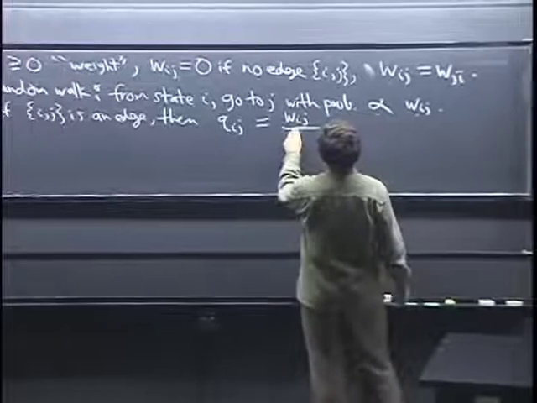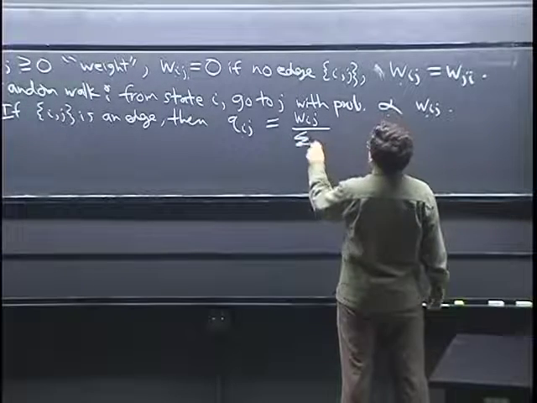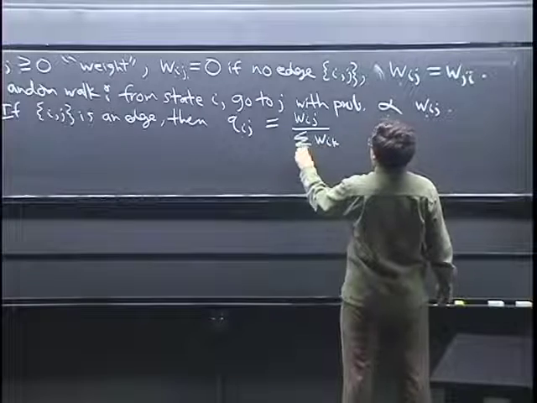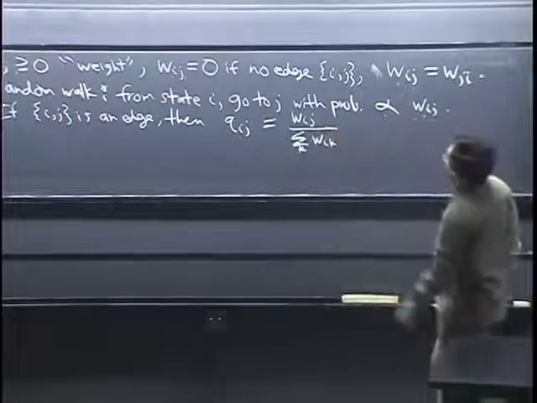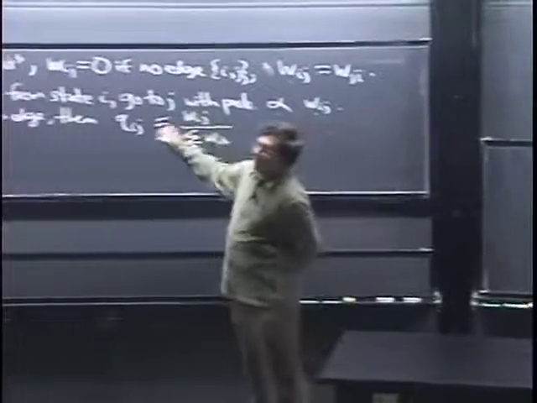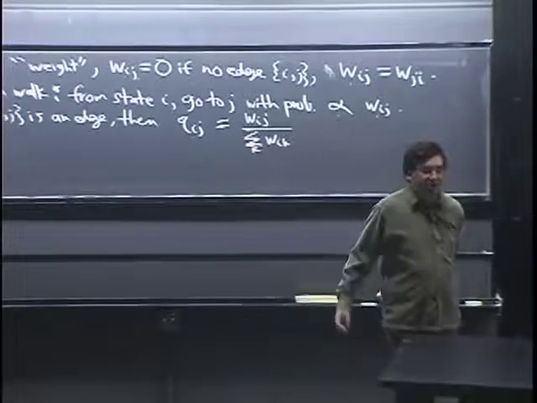Because it's proportional. So the denominator would just be the sum of Wik over all k. All right, and we're assuming that the denominator is non-zero because we have to be able to do something, so we don't want all weights 0.